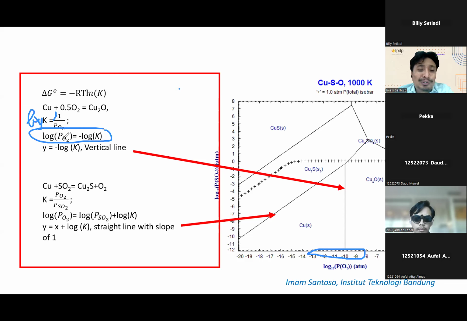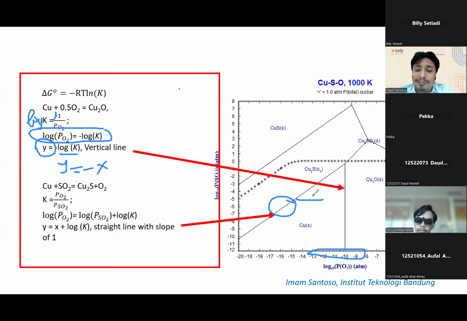And log PO2 is the y-axis and log K is the x-axis. Then y equals minus log K, it is like y equal to minus x. It means a straight line with a gradient of 1.